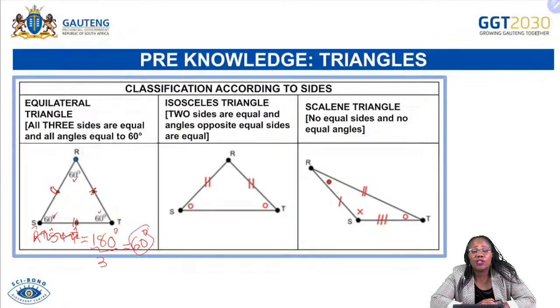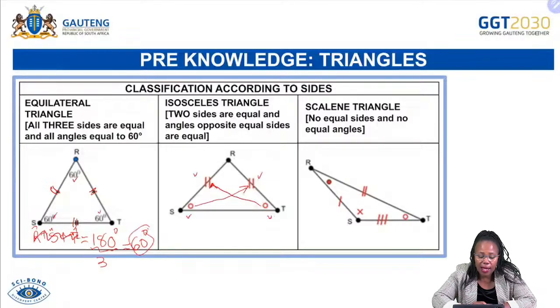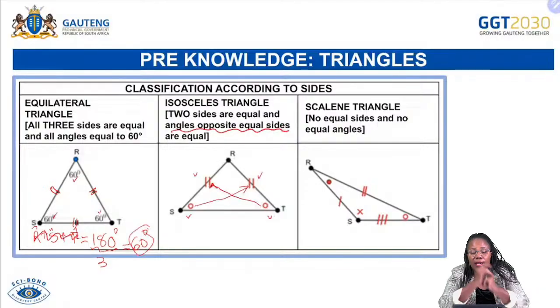And then we have an isosceles triangle. In an isosceles triangle, only 2 sides are equal. As you can see, it is indicated that this side is equal to that one, and the angles opposite those equal sides will be equal. That is why S is indicated as equal to T there, because they are angles opposite equal sides. So in an isosceles, 2 sides are equal, and the angles opposite equal sides are also equal.